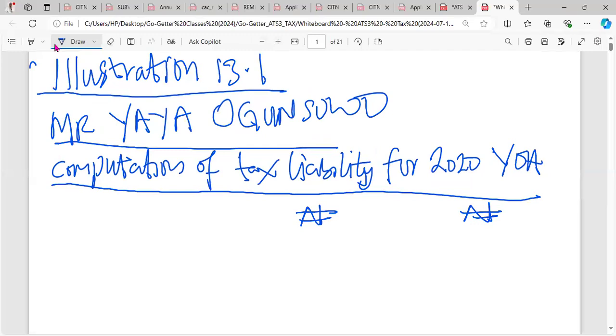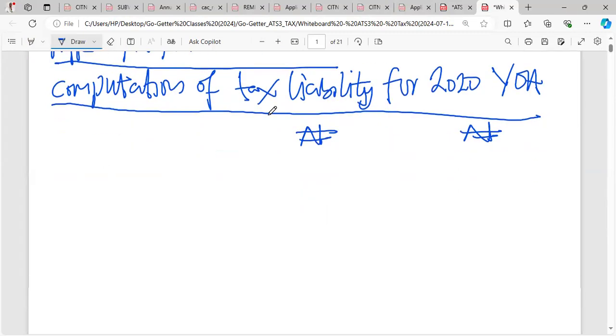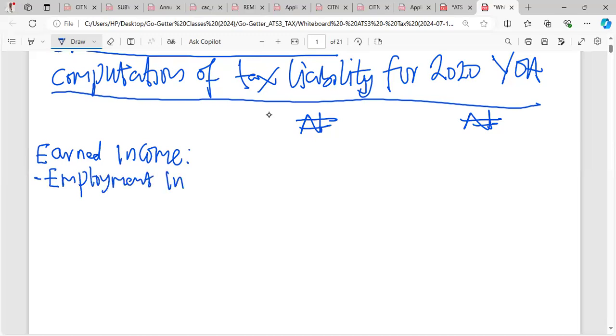Okay, so let's see what is being asked. We have salary 6,500,000. So I will come here and I will say earned income. One of them here is employment income.